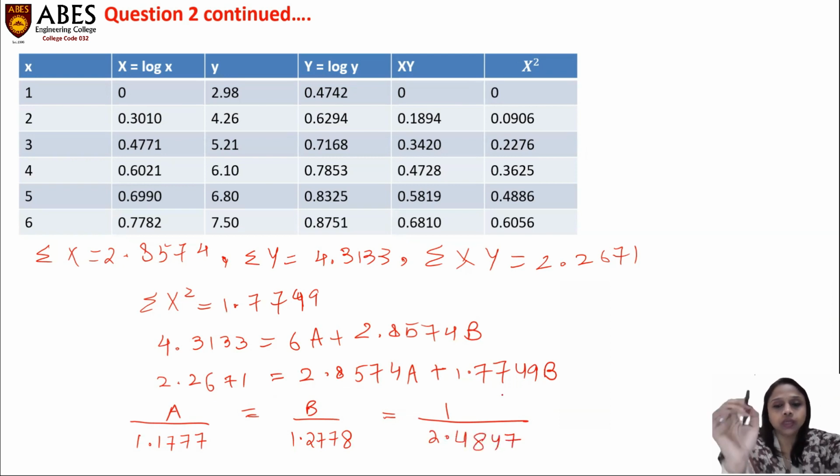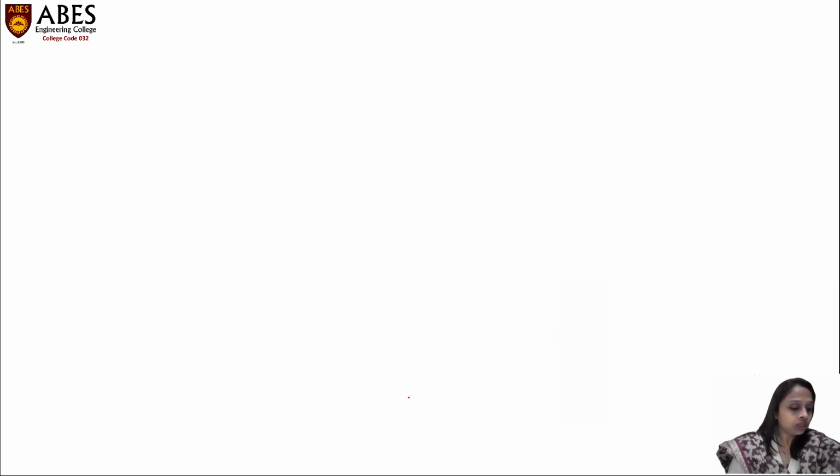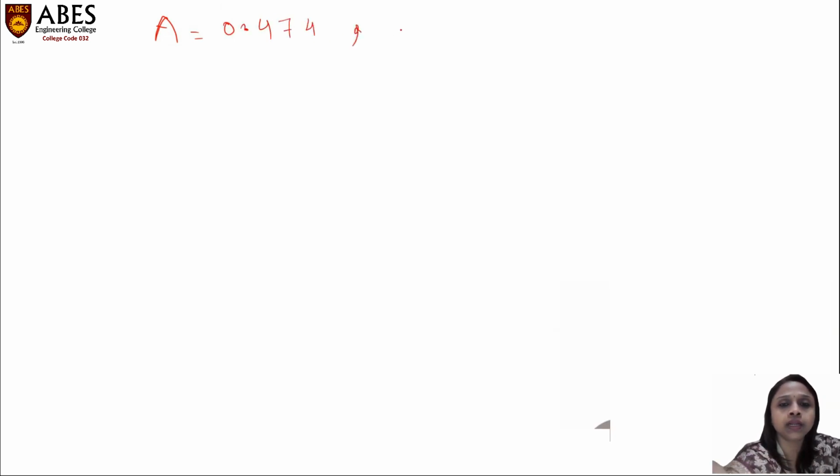So now we can equate this A with 2.4847 and get the value of A. So on solving, we will get A as 0.474 and capital B as 0.5143. Now, as we have discussed, we can take the antilogs.